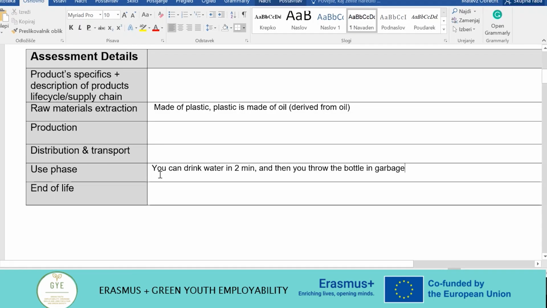So the use phase is, let's say, the least problematic, but it is very tricky from the user perspective side. So how the users see it.